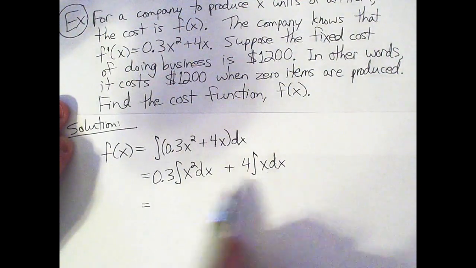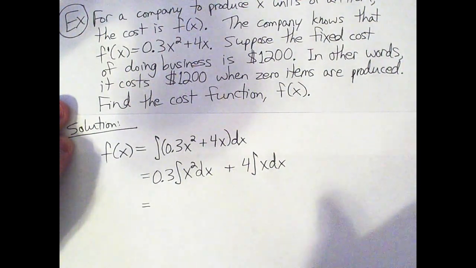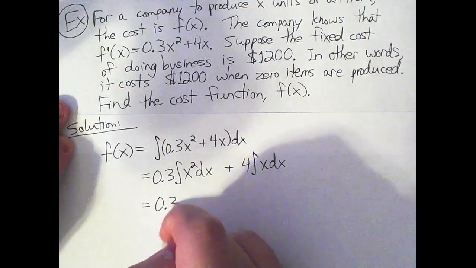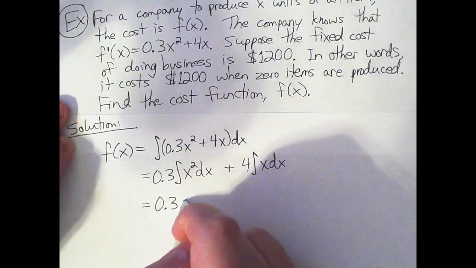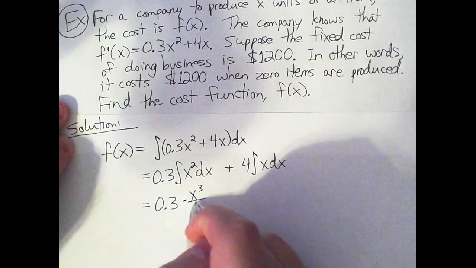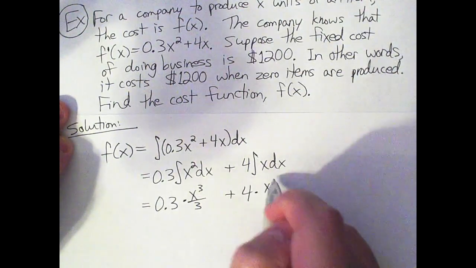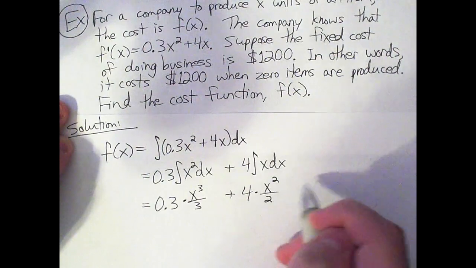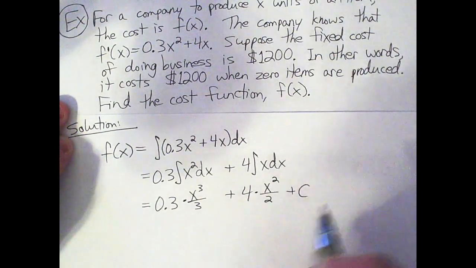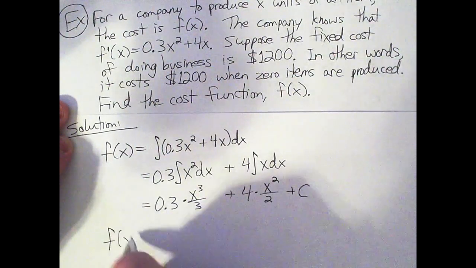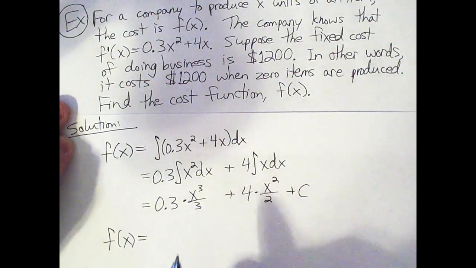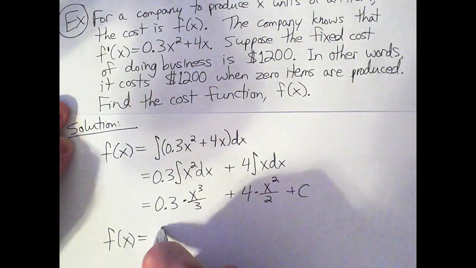Okay, we know how to do these little integrals. We can integrate these. So 0.3 times x to the third over 3 plus 4 times x to the 2 over 2. I'm thinking that there should be a plus c here. And we could simplify this. 0.3 divided by 3 is 1/10.